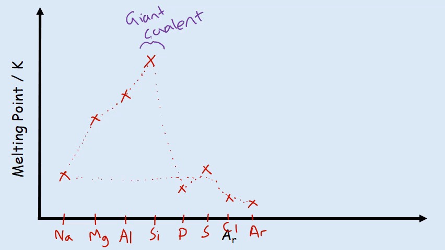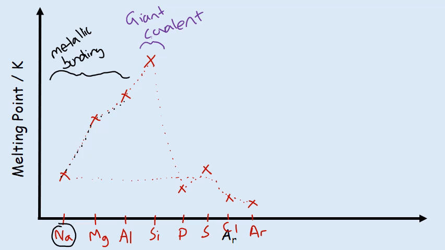Now the bonding in the first three is in fact metallic. Sodium, magnesium, aluminium, they're all metals. That's metallic bonding. So these first three should be quite straightforward to explain.